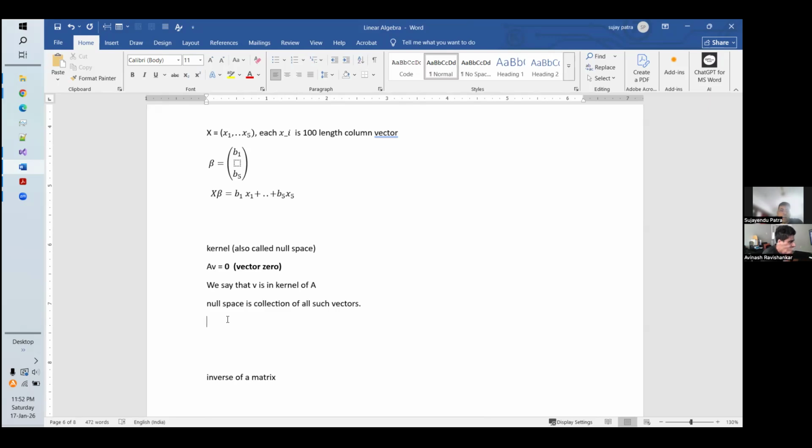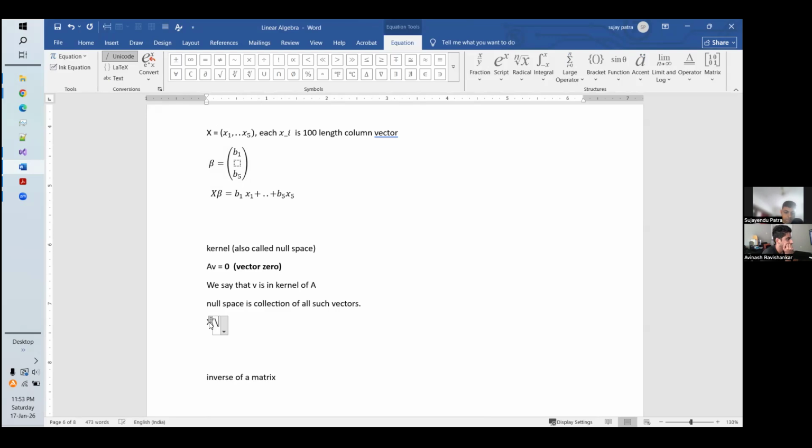Why is this important then? This is important because, suppose V is such a vector. You are choosing your beta, so let's go back to the student example. Suppose there is a vector v such that Xv is 0. Then I can write X(beta plus v) as X beta plus Xv.